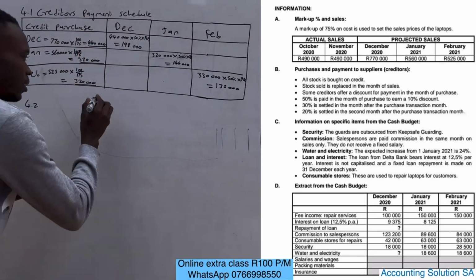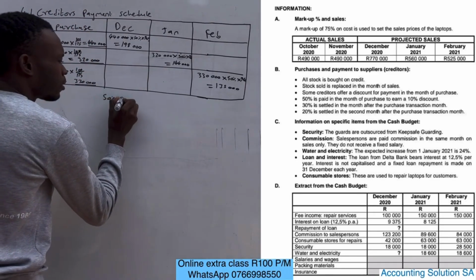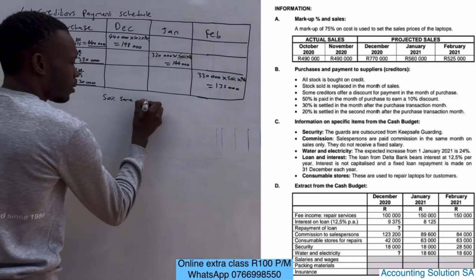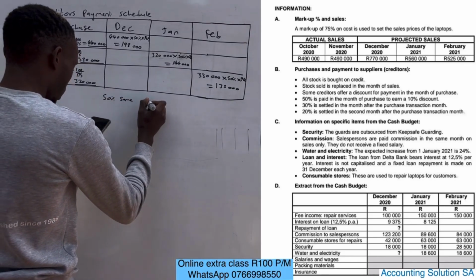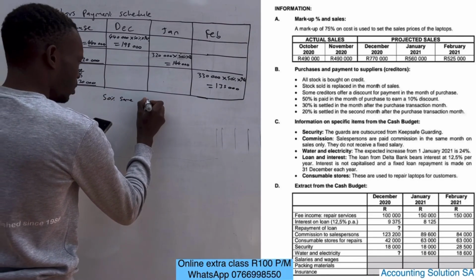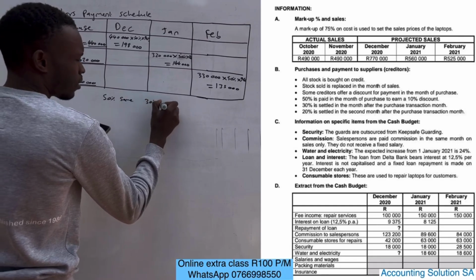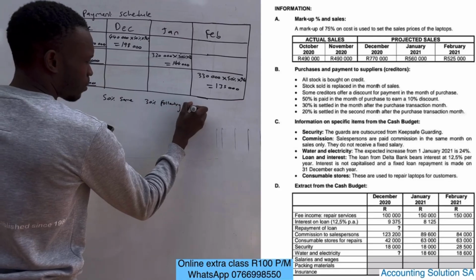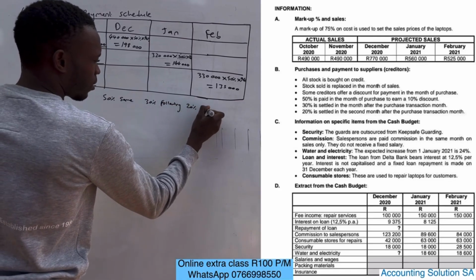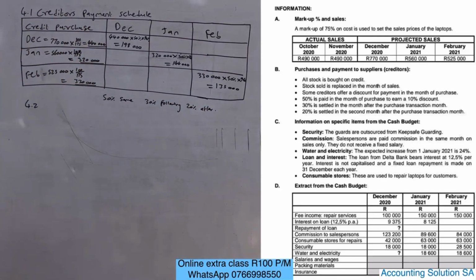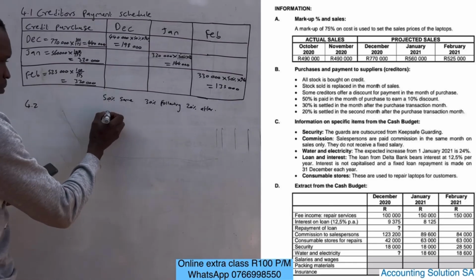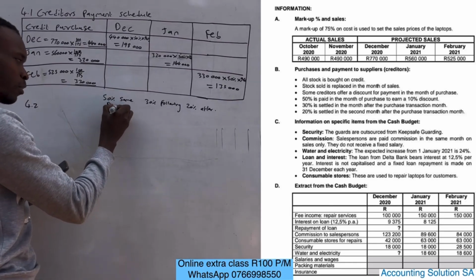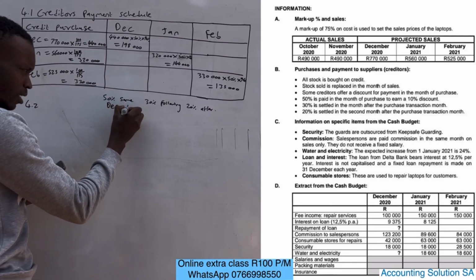All right, now moving to the next one. Remember they say that 50% is in the same month. Then they say that 30% is the following month, then 20% is after the following month. 50% we did, which for example was December and December.